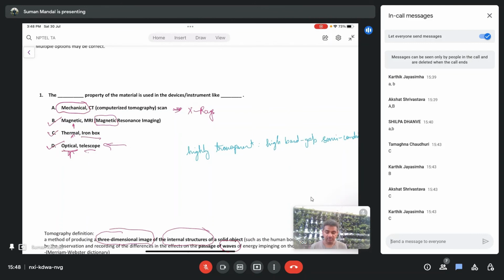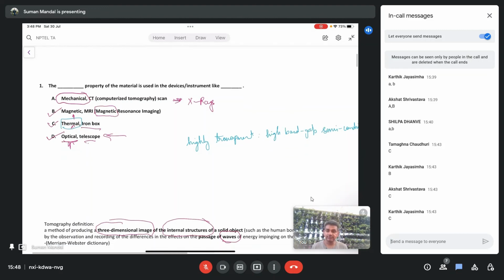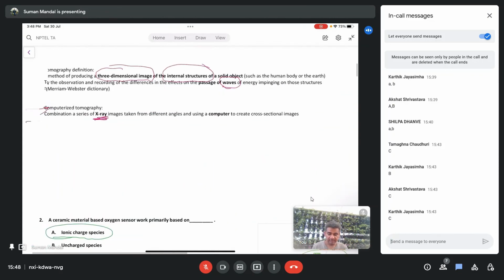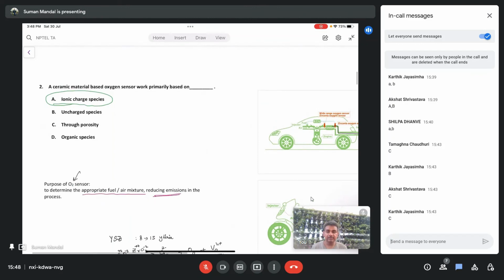In the case of an iron box, we need a material which can store a lot of thermal energy. It shouldn't melt at those temperatures also. And there are different applications for magnetic materials, and different applications for what kind of waves, what kind of rays you can prepare. Then we spoke that you can even engineer these materials for engineering purposes.